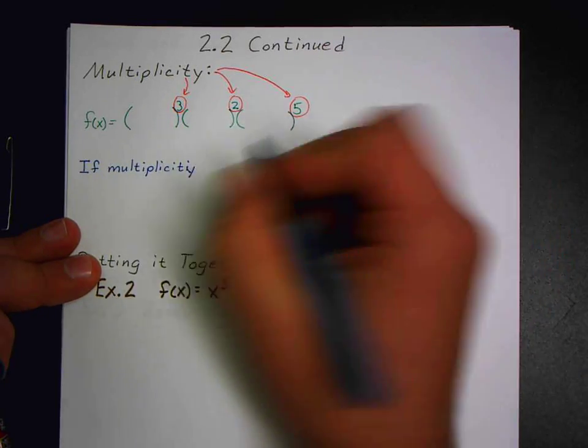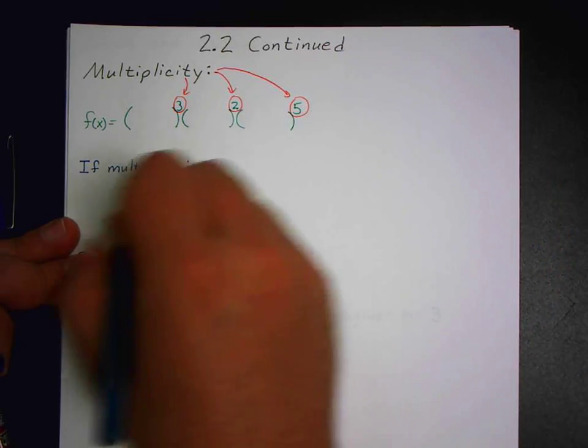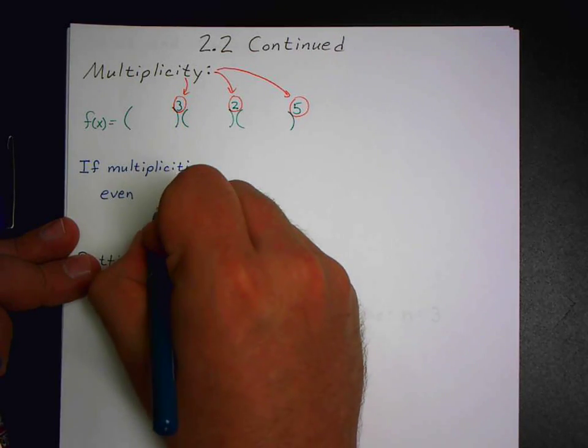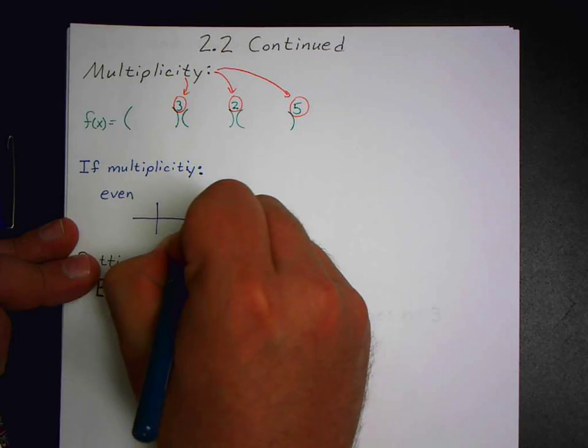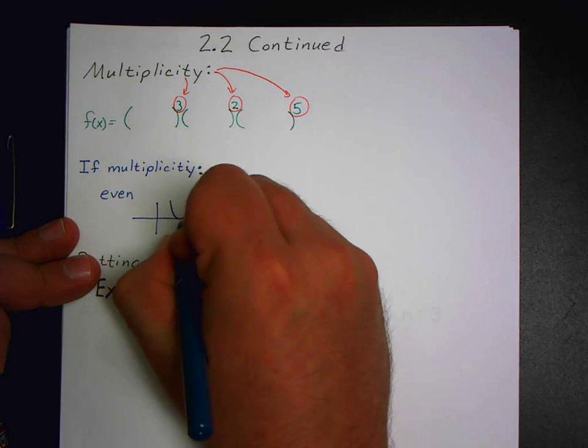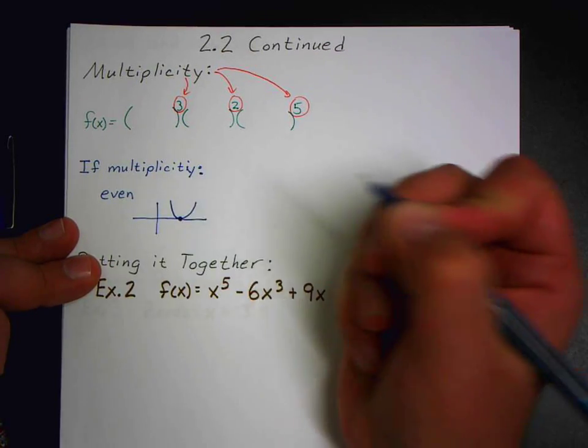I can't spell today. So if your multiplicity is even, then whenever you go to graph, your graph is going to bounce off of the axis.